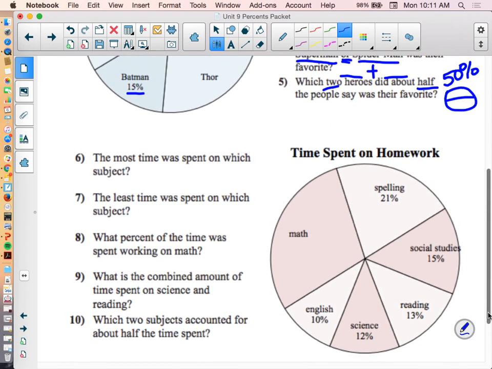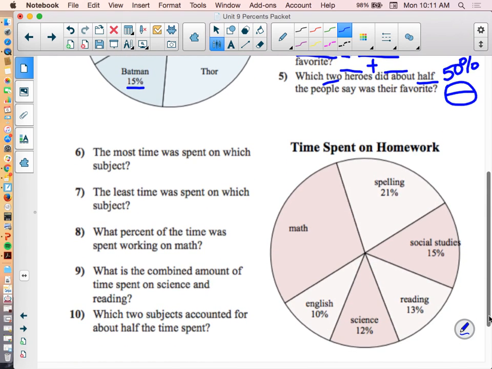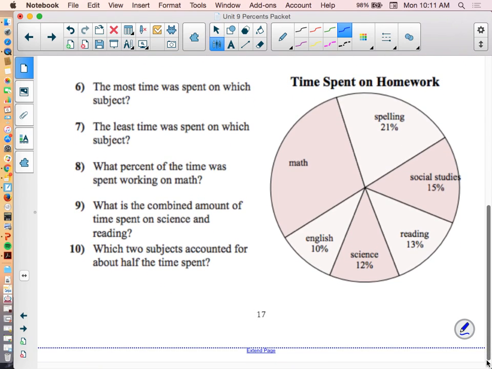It won't be exact. Looking at the bottom, time spent on homework. Now, for some of you, this is not at all what you would report for how much time you spend on your homework. But for some, it does match. So you're going to have to find the math again. After figuring out the most and the least, make sure that you remember that it has to total to 100%.